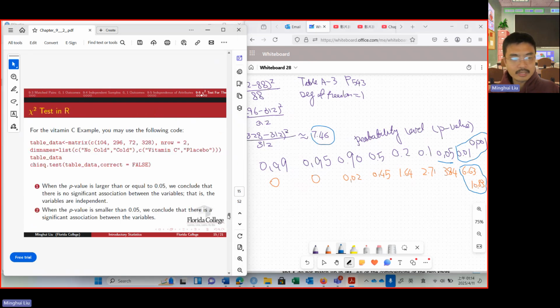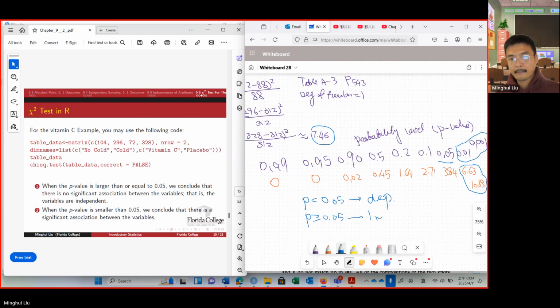When the p-value is less than 0.05, we conclude that there is a significant association, or in other words, they are dependent. Again, the small p-value, p less than 0.05 would mean dependent, and p greater than or equal to 0.05 would mean independent.